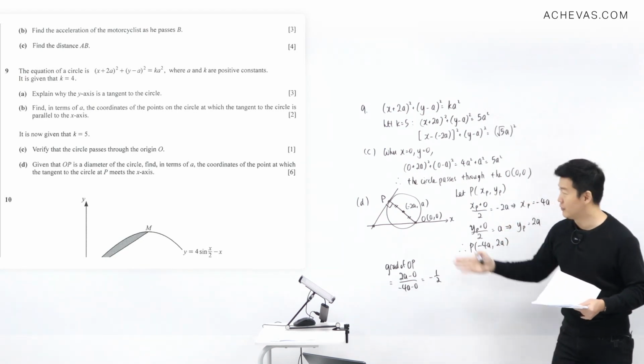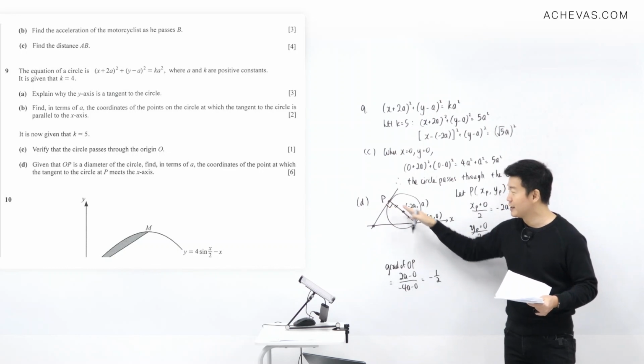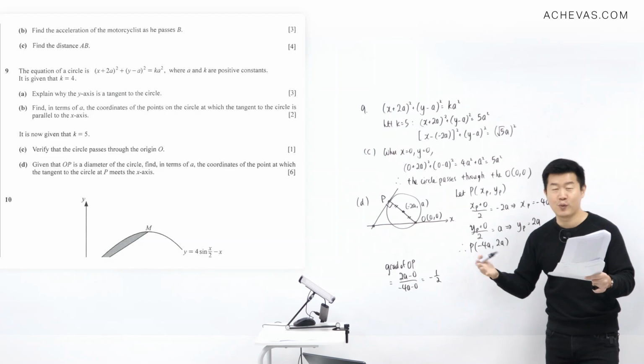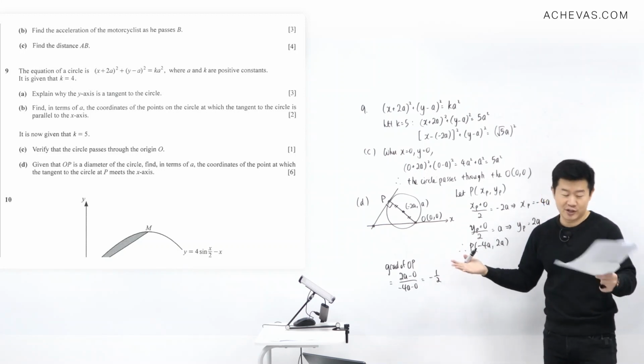So what is the gradient of the tangent, which is going to be perpendicular to OP? The gradient of the tangent is going to be equal to −1 over −1/2, which is actually equal to 2.